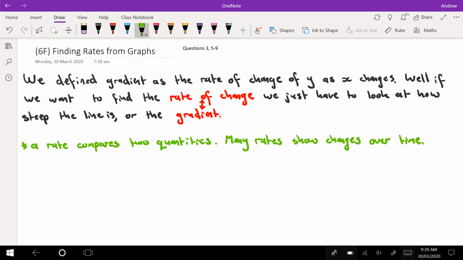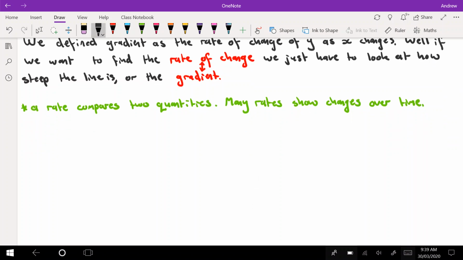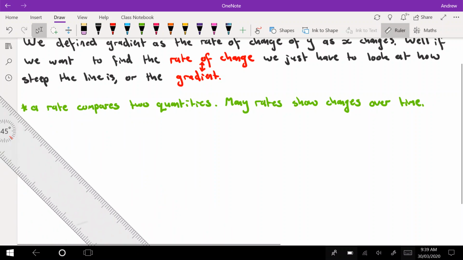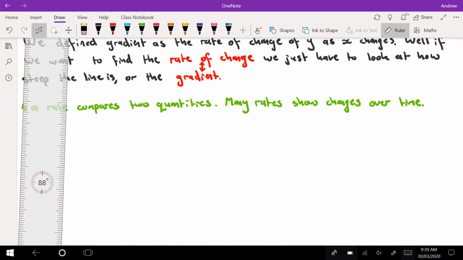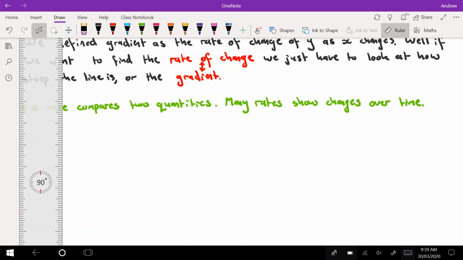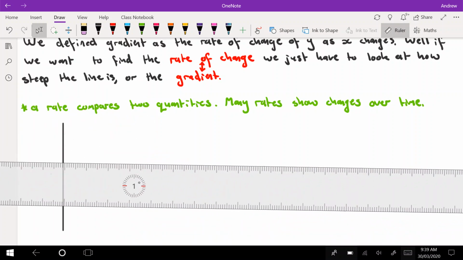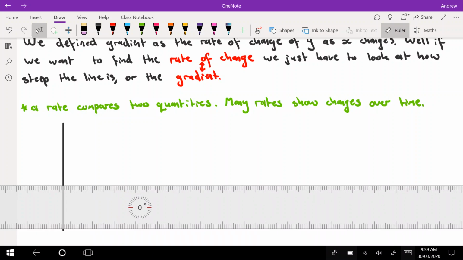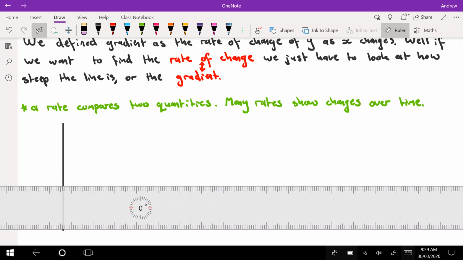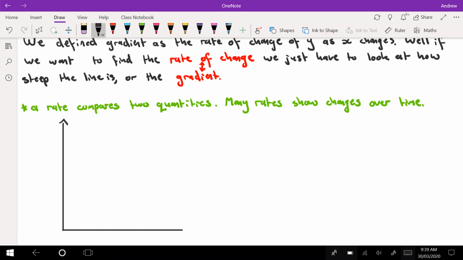So let's say we've got a distance time graph, and I'm just going to draw a set of axes. So this will be my distance in kilometers.